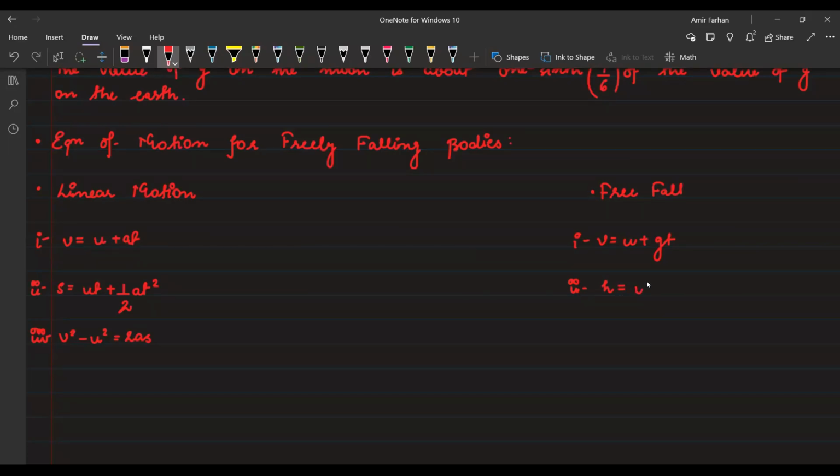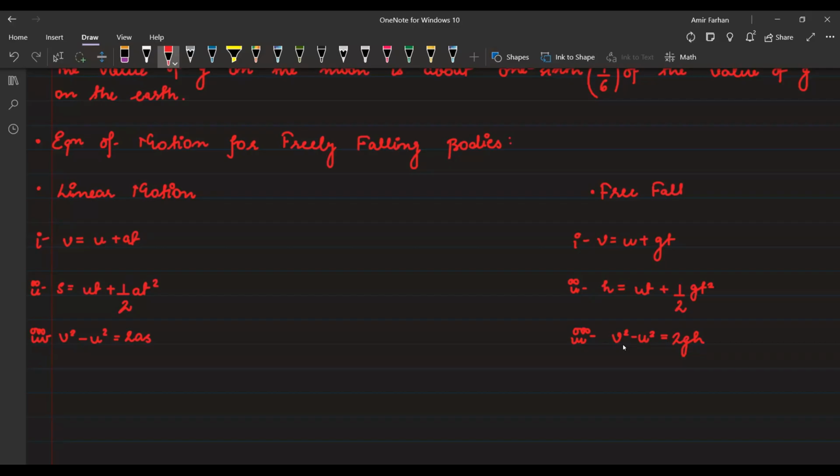So h is equal to ut plus half gt square. The third equation would be v square minus u square is equal to 2gh. Okay, so this is the thing. Any doubt so far to anyone? No, sir. That's great.